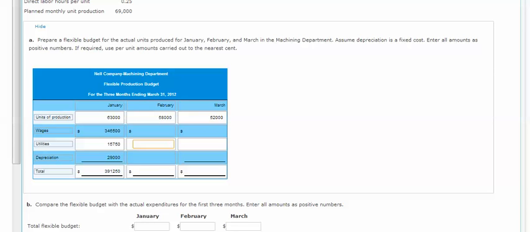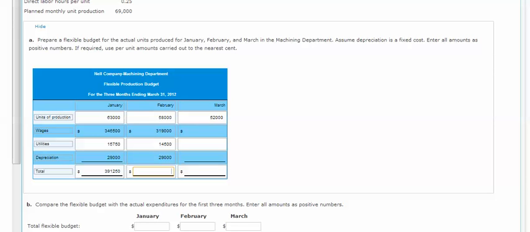We already know that my direct labor, or my utilities, is $1 per, so 14,500. And my wages are $22 per hour, so that's 319,000. So I took the 14,500 direct labor hours times $22, just taking that same information. My fixed cost is still going to be 29,000.